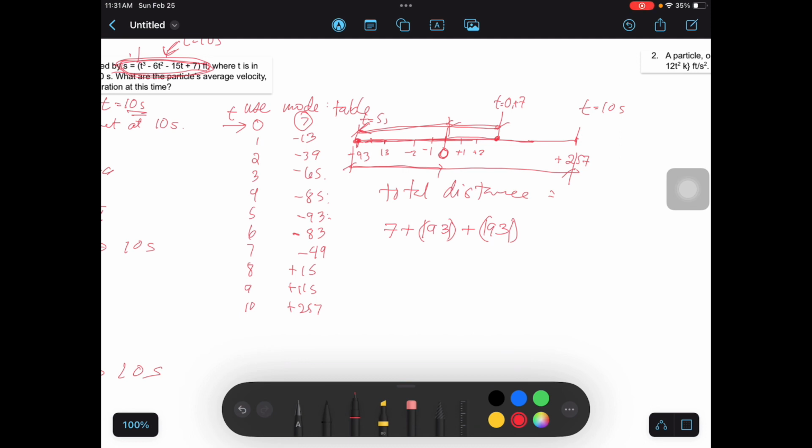So, absolute ang direction. Since speed, kapag speed, regardless sa direction, wala siyang direction, yun ang kinaibahan niya sa velocity. Kasi kapag velocity, displacement, may value ang direction. So, dito sa total distance, absolute sila. So, next, i-add mo.